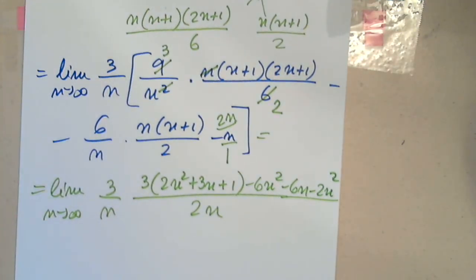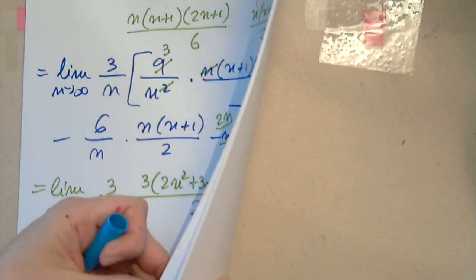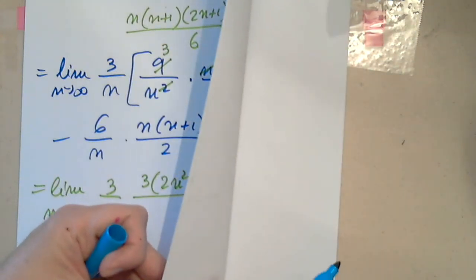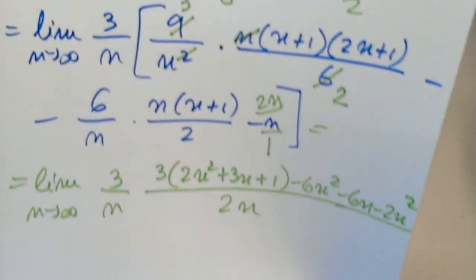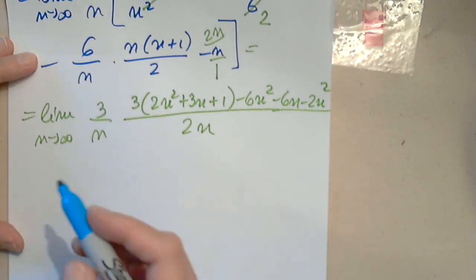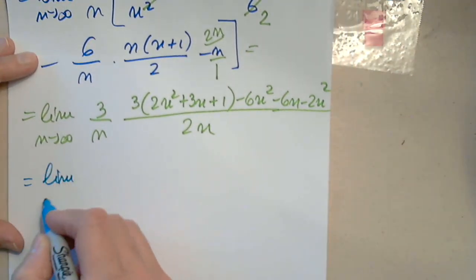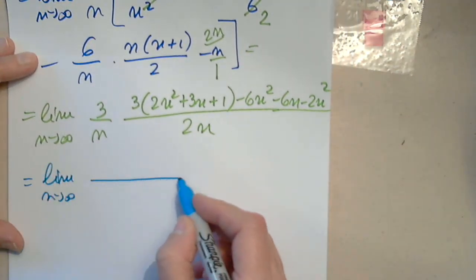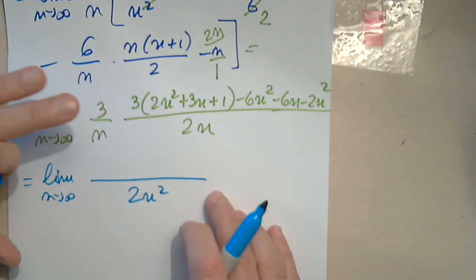Any questions so far? Can we simplify anything? We have to wait so we can combine like terms, etc. Limit as n approaches infinity, the denominator is 2n squared.